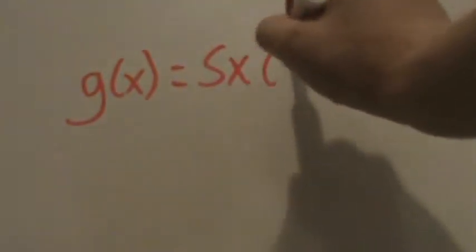So let's say I have g of x, and we had 5x cosine x.